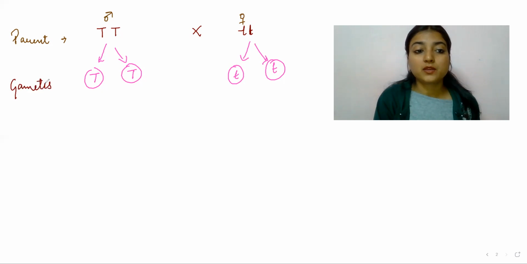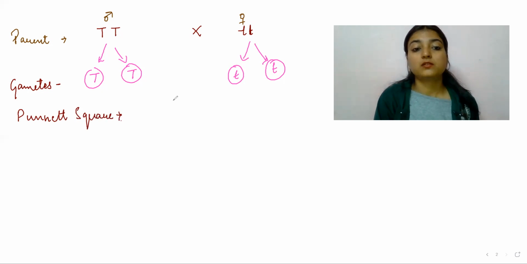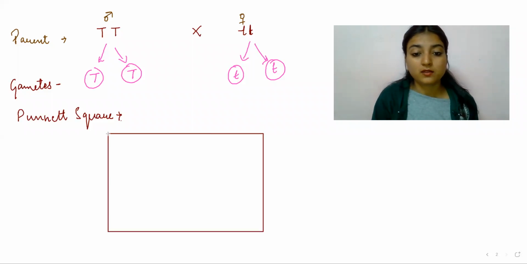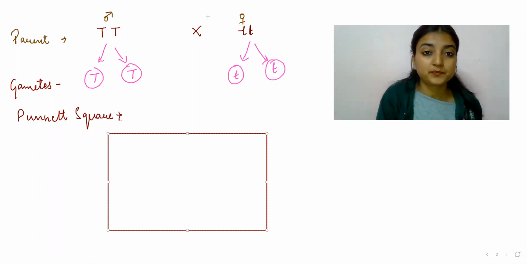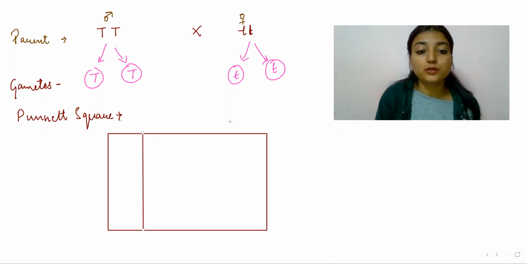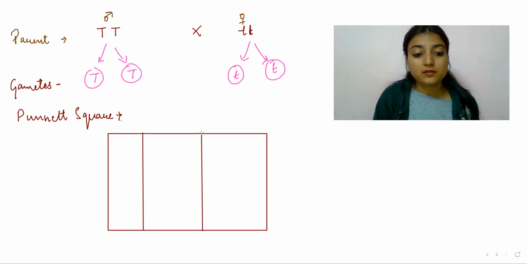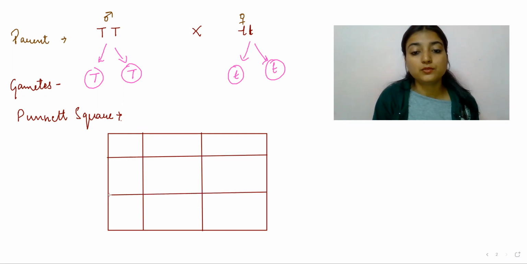After this step, we make the Punnett square for the F1 generation. It means the crossing between the parents. Because the gametes are 2 in number, we have to make just 2 columns and 2 rows.